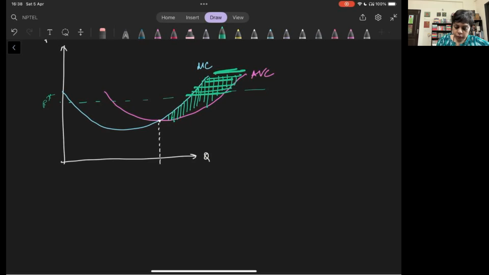In this part, where the marginal cost is less than price and it's above the average variable cost, that is where the firm is typically going to produce.